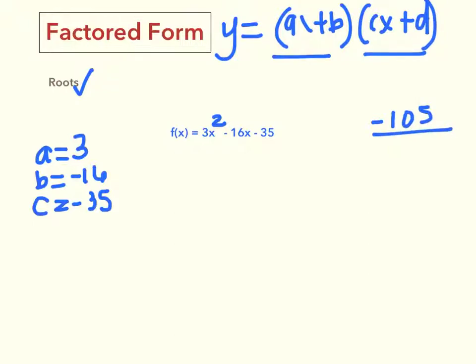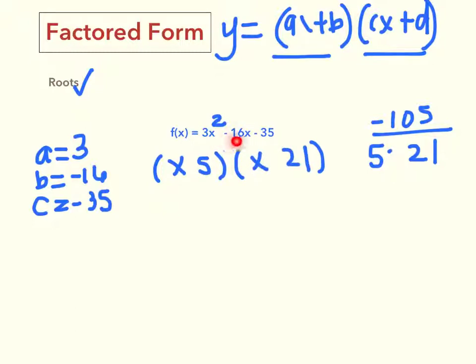And the factors of 105 that will also add up to 16 would be 5 times 21. So when we put this here in our parentheses, x 5, x 21, and we want to get negative 16, so we want our signs to be positive 5 and negative 21.